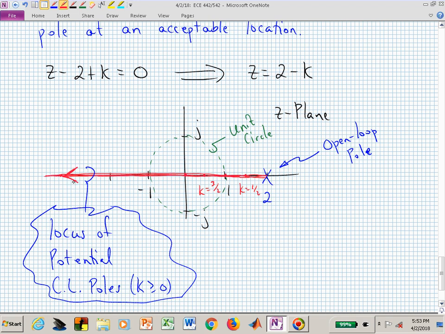And in fact, that red line is the root locus for this particular system. Hint, hint. So now you've drawn a root locus without even realizing it. That's the easiest root locus we can draw, and that's with a one-pole system with positive or non-negative K. It's going to be to the left of that pole.